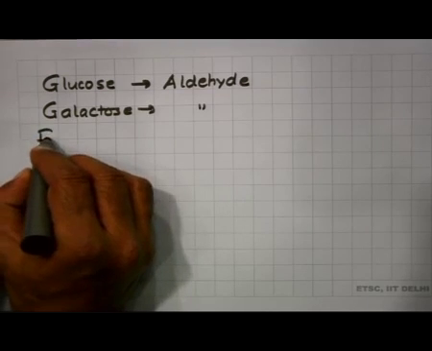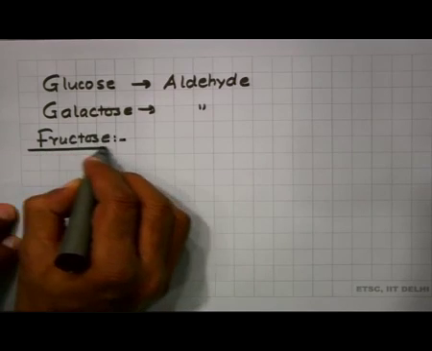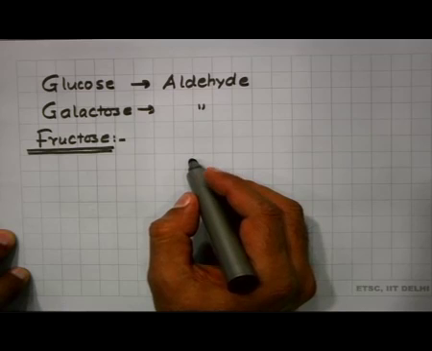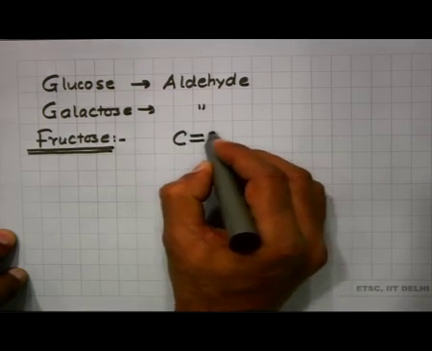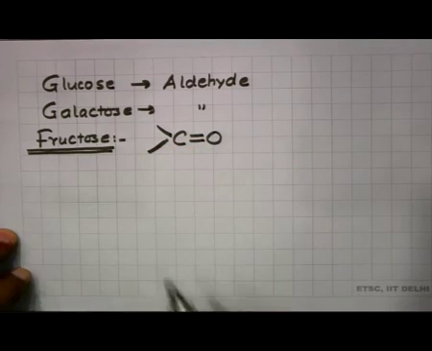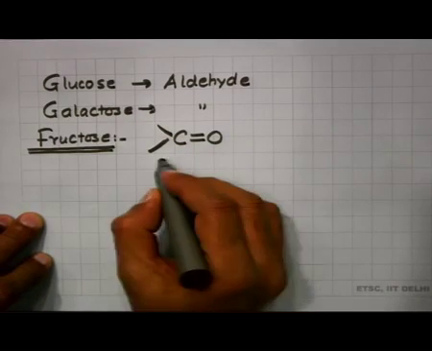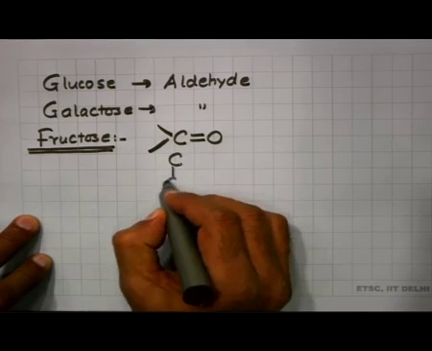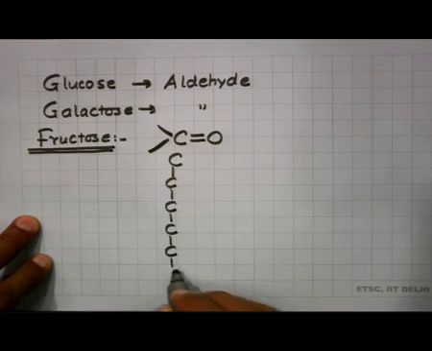Now, the fructose. Fructose is a type of monosaccharide, that is a hexose, which has a ketone group. The ketone functional group is this. Now, the formula of fructose we can write easily, same as glucose and galactose. Write 6 carbons 1, 2, 3, 4, 5 and 6.